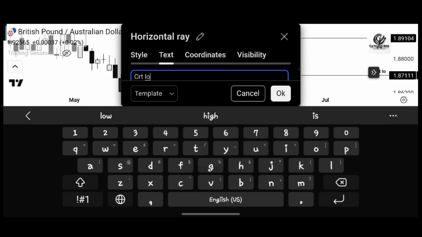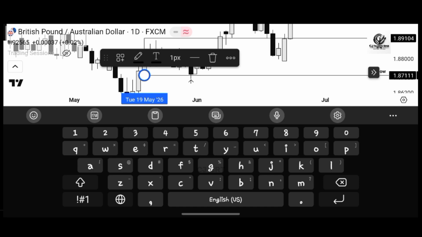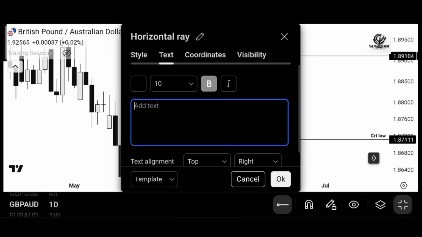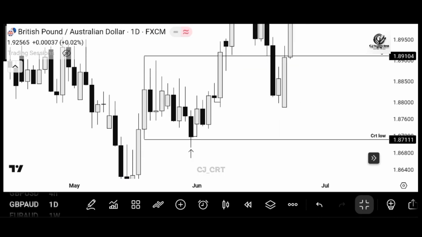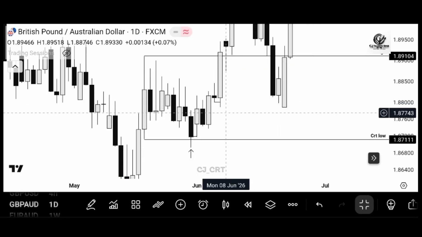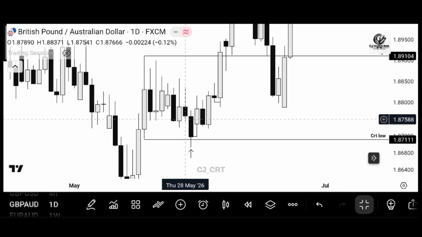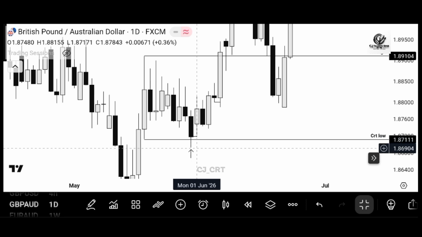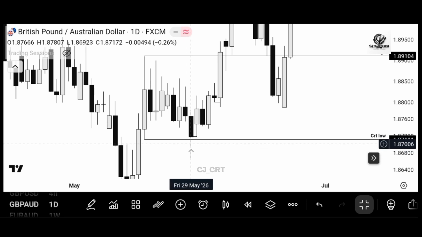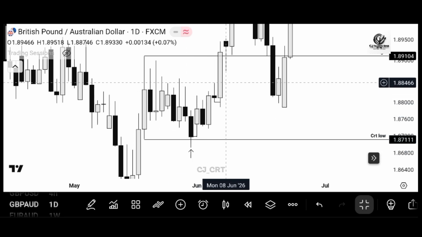CRT low, CRT high, range, total soup, Model 1 entry. As easy as it should be.